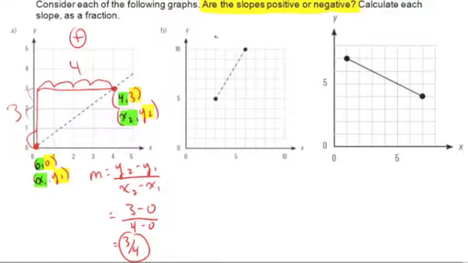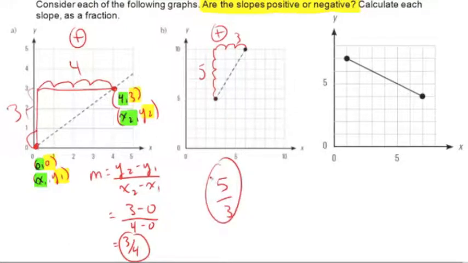Okay, so in part B, I know that this line is going up to the right, so it's going to have a positive slope. We can just count these: 1, 2, 3, 4, 5. That's the rise, and then the run will be 3, so this slope will be 5 over 3.